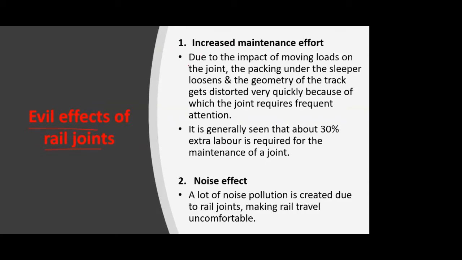The first evil effect is that you need increased maintenance effort, because you have to check each and every joint, whether it is in proper position, whether the bolts are tight, whether the plates are in position. It's estimated that almost 30% of extra labor is required just for joint maintenance. So you can see the effort put into joint inspection.